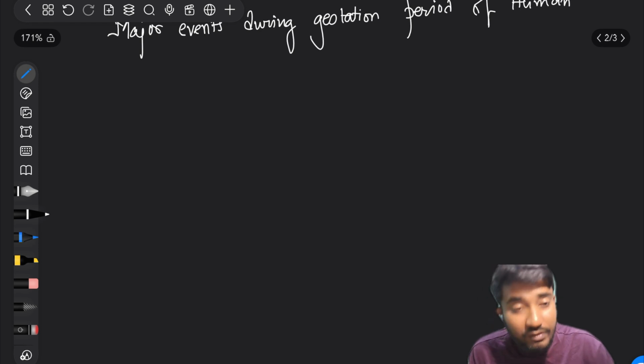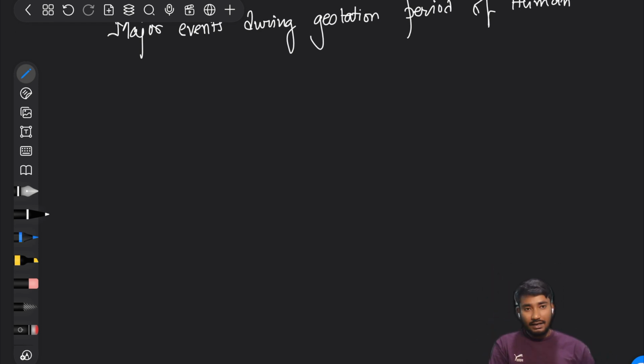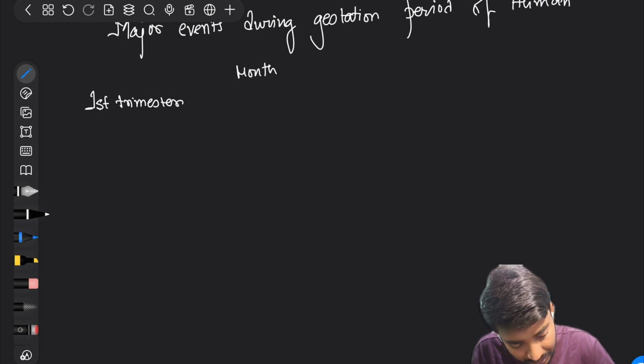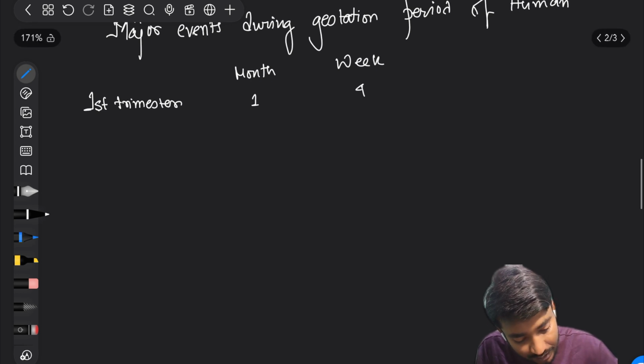So we have broken the pregnancy period into 3 trimesters. Each trimester carries 3 months. So the first trimester, in the first month, that is of 4 weeks, what happens?